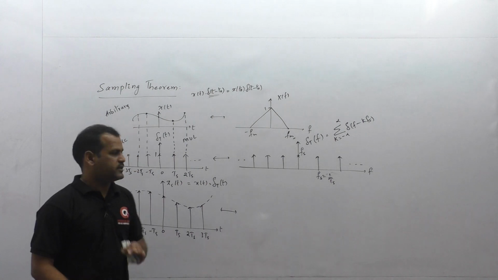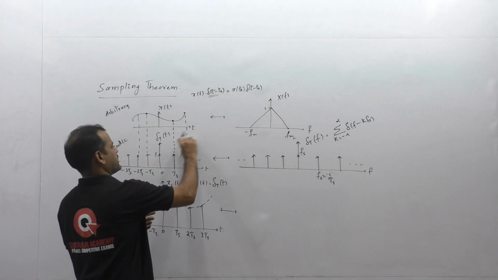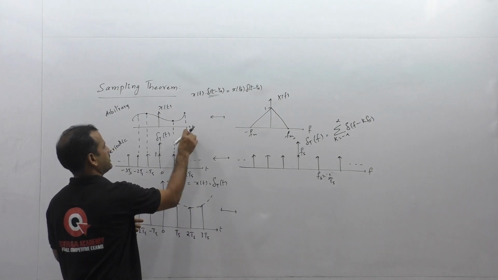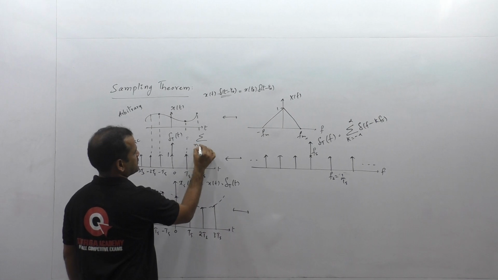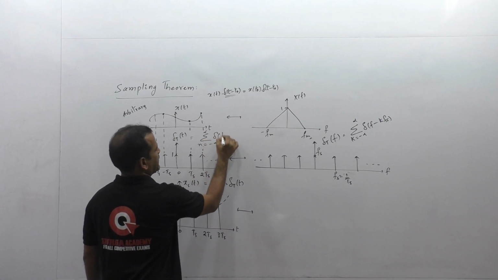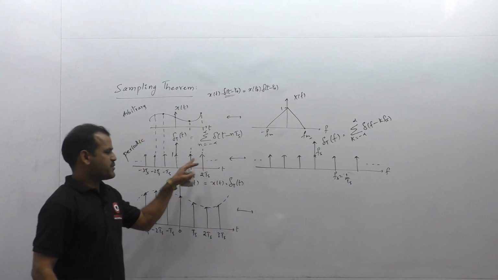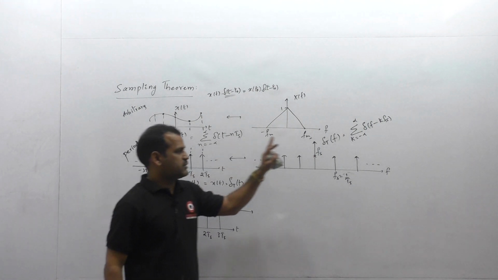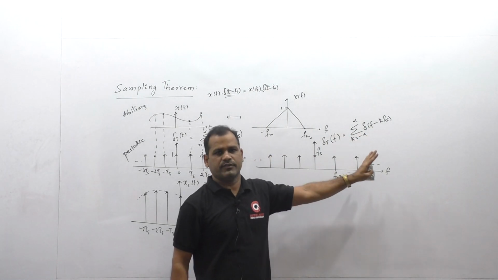Similarly, we can represent this train of impulse functions in time domain like this. This delta Ts of t is equal to the sum of all impulse functions, with n from minus infinity to plus infinity, delta of t minus n Ts. So we have a sum of impulse functions here and here also, from minus infinity to plus infinity.